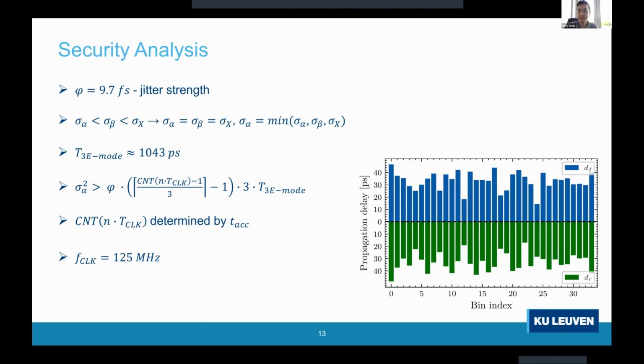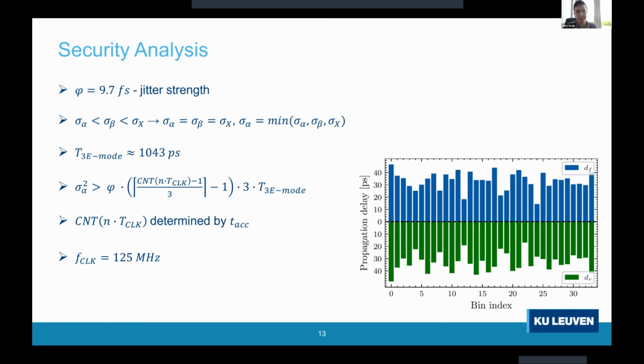What I did is I ran some other applications in parallel. I implemented a small AES, a Keccak also, to see what is going to happen. I measured the jitter in several different circumstances, and I reported the smallest number. This jitter is quite small, less than 10 femtoseconds.